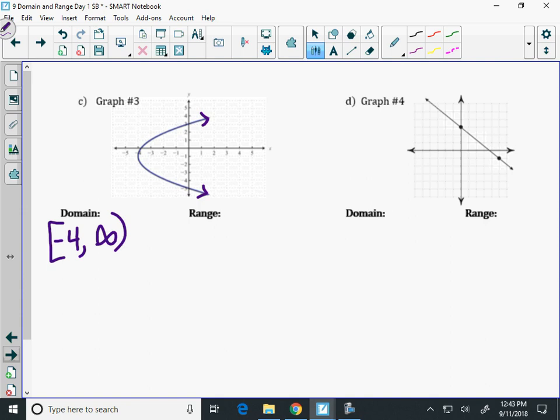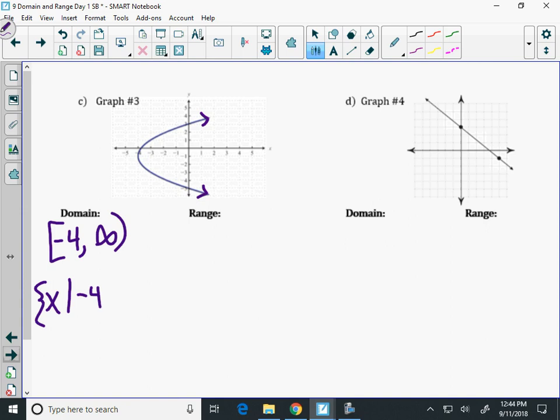Now, when we do set notation this time, you start with your curly bracket, x such that. Now, there's a couple ways to write this. Can anyone think of an inequality that you can write that says all the x's bigger than -4? Here's one way you can do it.